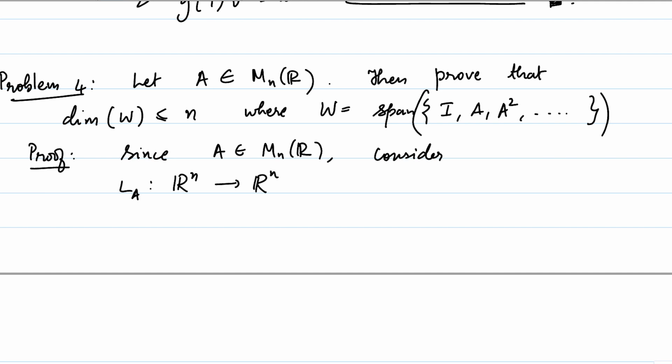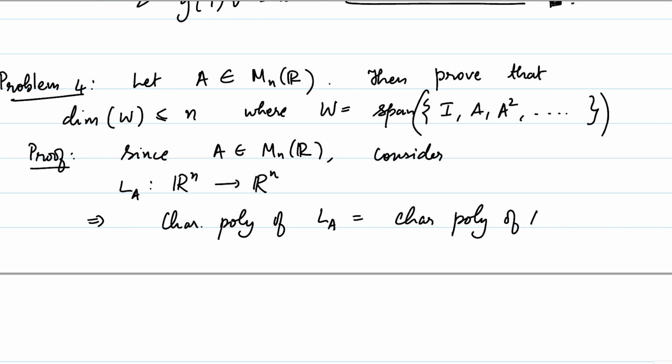R^n is an n-dimensional space. This implies that the characteristic polynomial of L_A, which is the characteristic polynomial of A, has degree exactly equal to the dimension of R^n, which is equal to n.